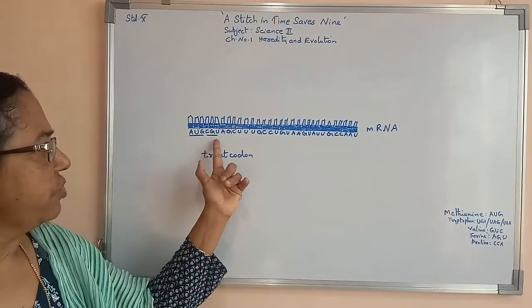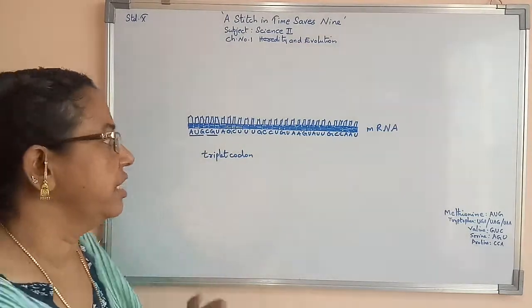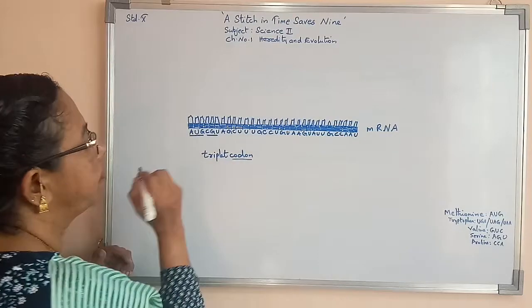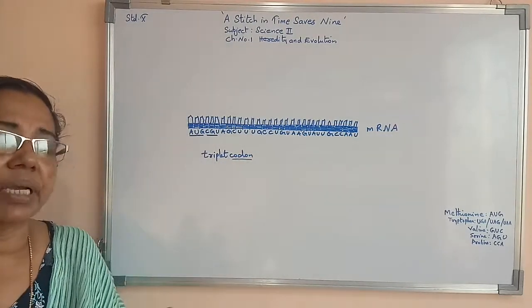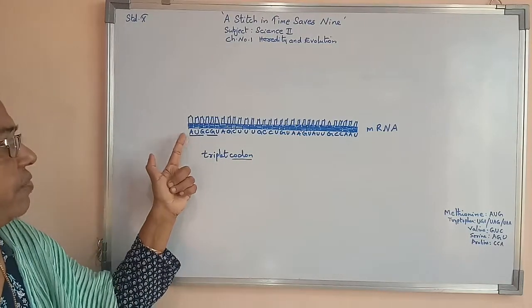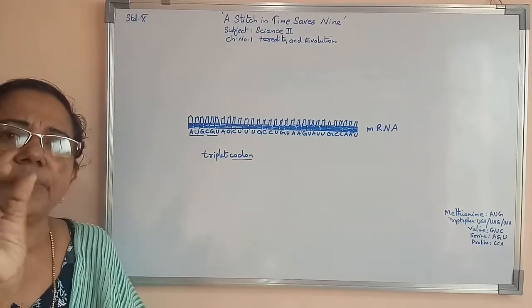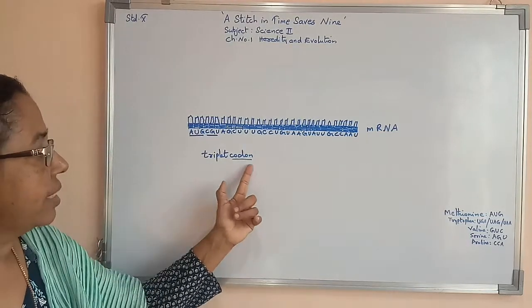Each 3 nucleotides together make one codon. 3 nucleotides together, a codon is formed. So it is known as a triplet codon. Now each letter, that means each nitrogenous base, is part of a codon.